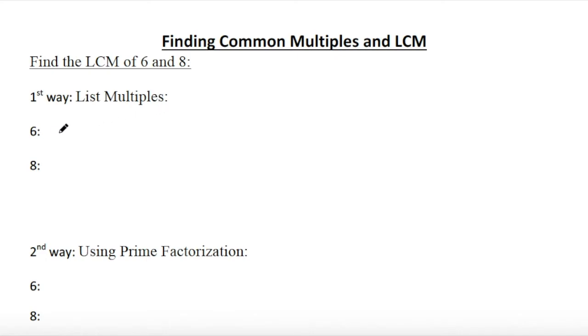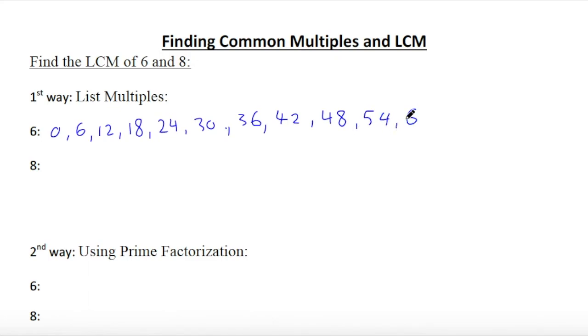So multiples of 6, starting from 0: 6, 12, 18, and 4 times 6, 24, 30, 36, and 7 times 6, 42, 48, 54, 60, and that's enough.